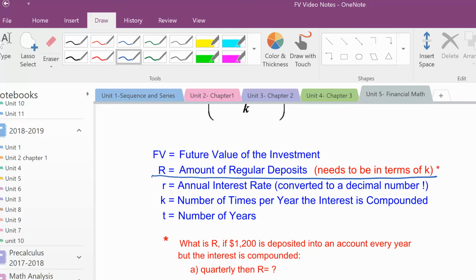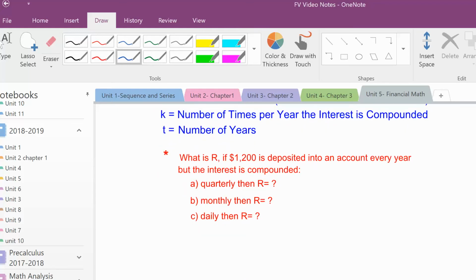One of the things, the deposits need to be in terms of the compoundings. So if I tell you I deposit $1,200 in an account every year, but the interest is compounded quarterly, that means I need to take $1,200 and divide it by 4, and that means I put $300 per quarter.